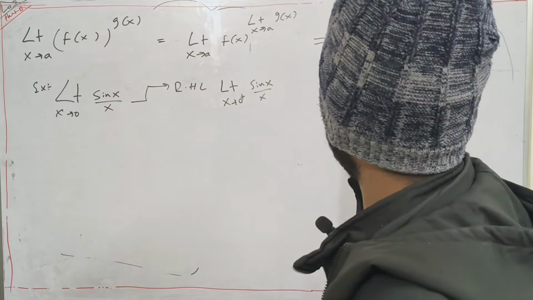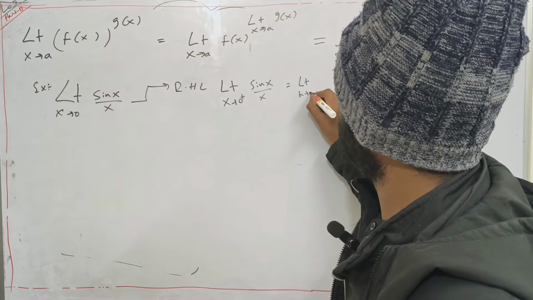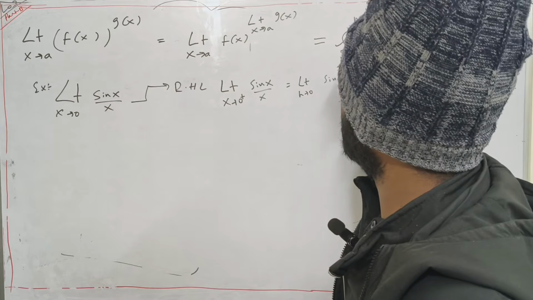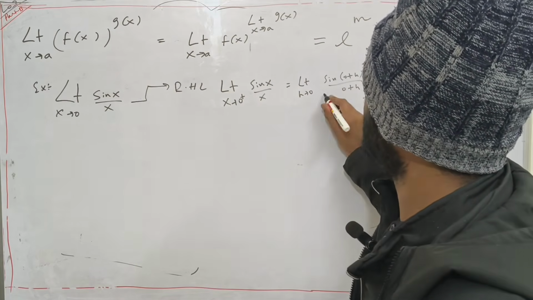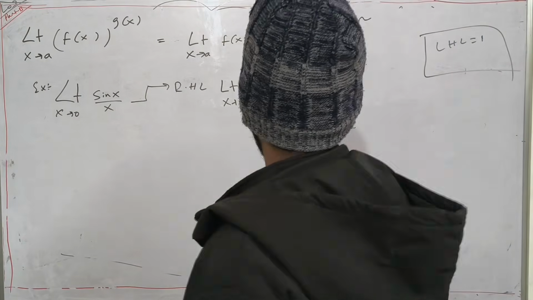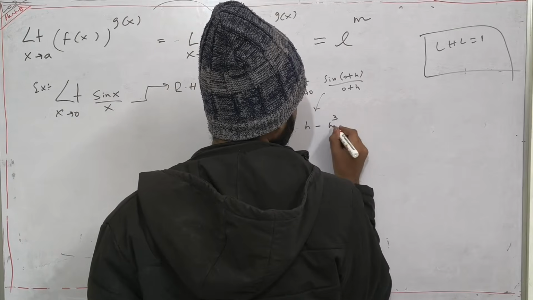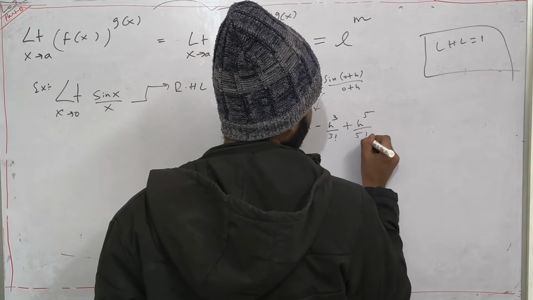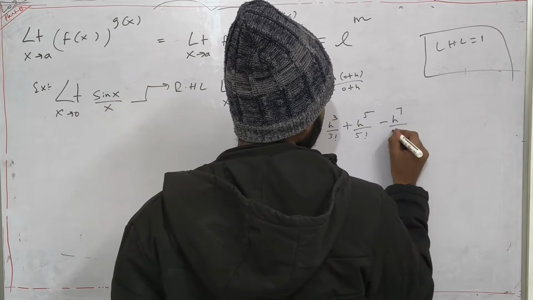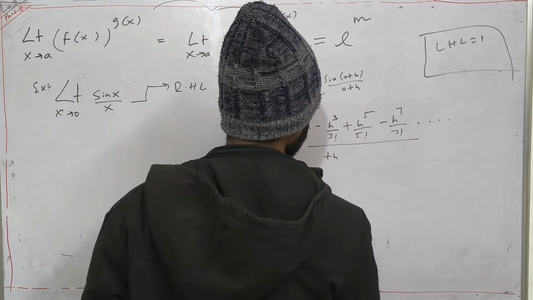This equals limit h tends to 0 of sin of 0 plus h by 0 plus h. Again, this is h minus h cube by 3 factorial plus h power 5 by 5 factorial minus h power 7 by 7 factorial and so on, by plus h.